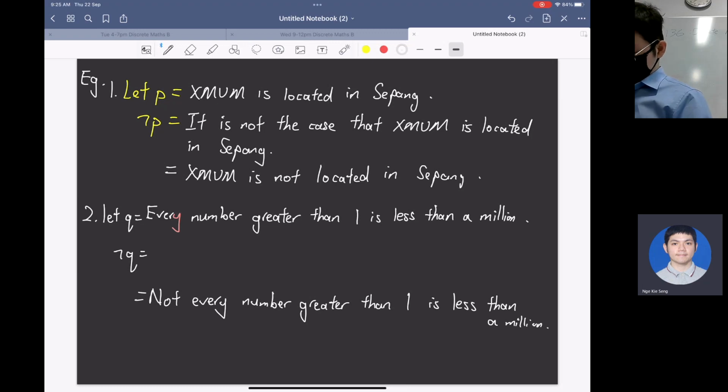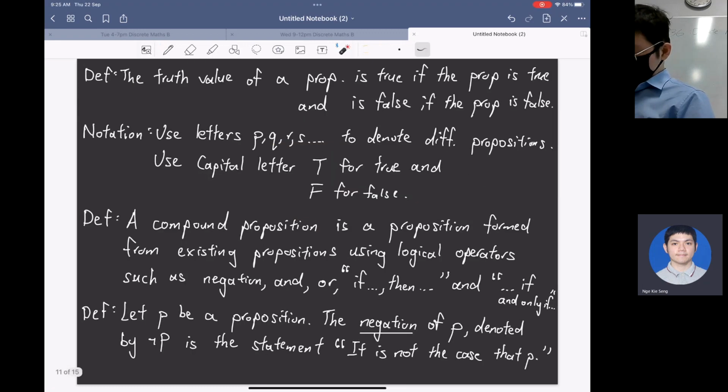Or you can say it is not the case that every number greater than 1 is less than a million, because this is by definition: it is not the case that something.